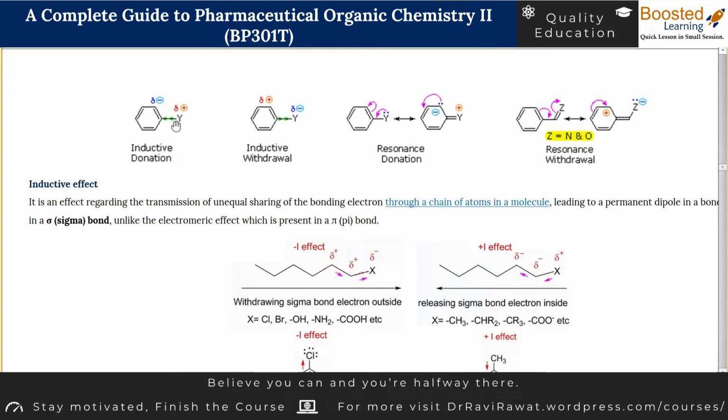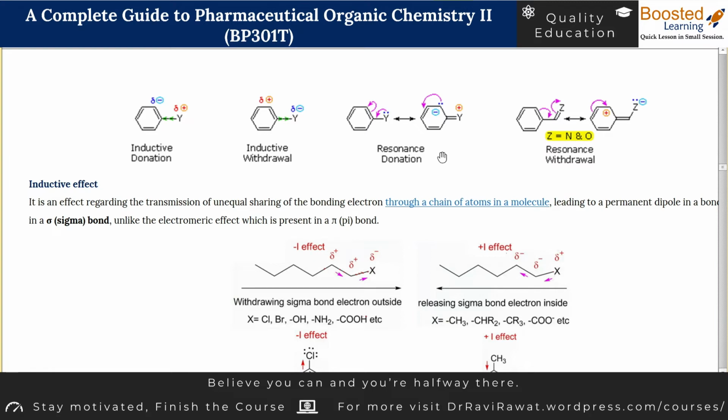If any group is donating electrons through the inductive effect, that effect would be considered as plus I. We are going to add a plus sign in front of the I, so that becomes plus I effect. If any group is pulling the electron density, that means it is doing inductive withdrawal, then this effect would be considered as negative inductive effect.